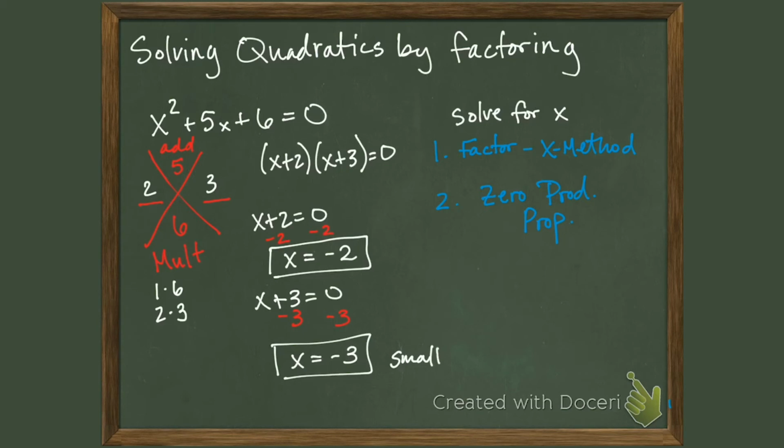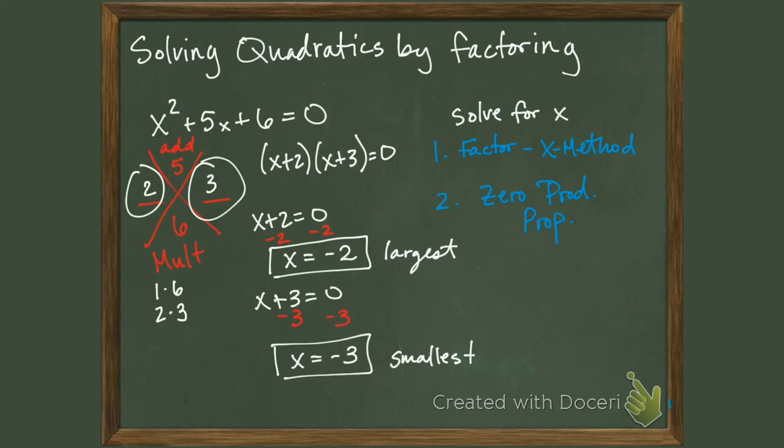Negative 3 is the smallest, and negative 2 is the largest. Also, it's nice to note that our X method solutions are the exact same solutions here, just opposite signs.